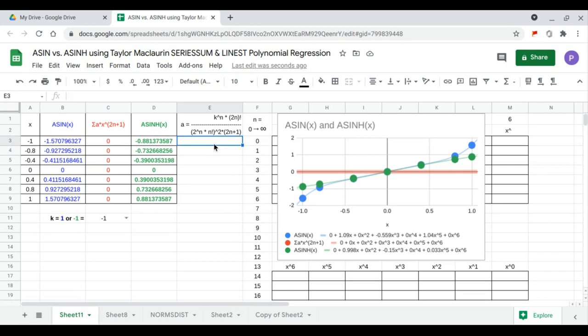So we continue with the coefficient. This is equal to, starting with the numerator, that is k raised to the power n. We're going to use this very often, so we'll copy this.